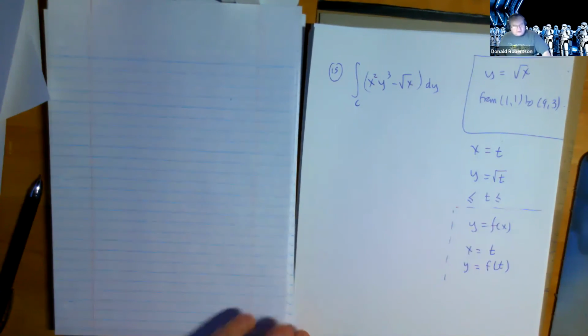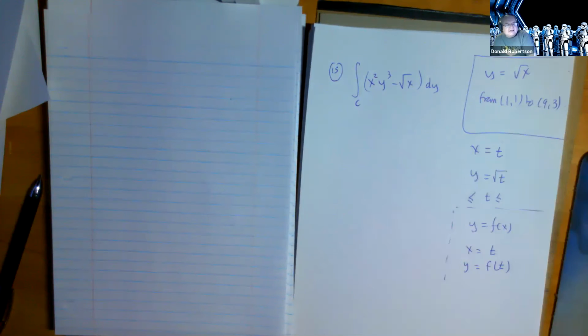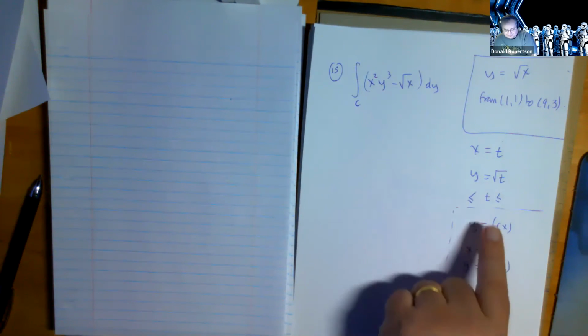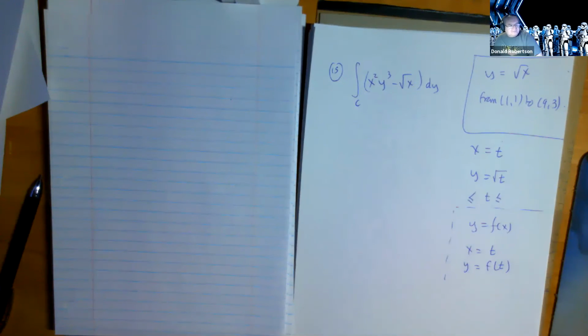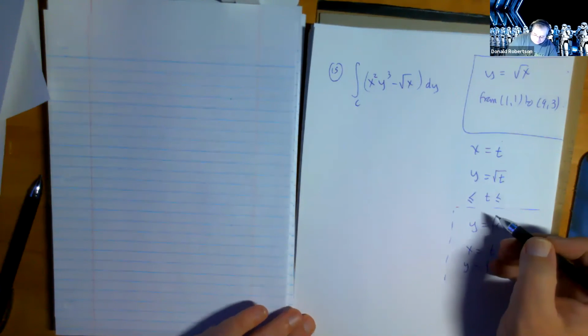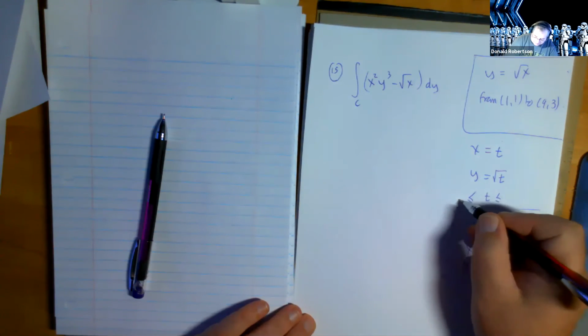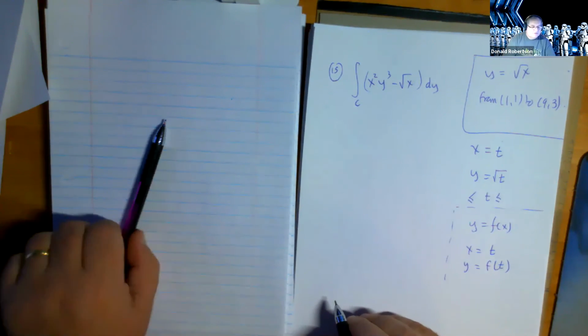Now I have to figure out the t's, agreed? It's going from the point (1,1) to the point (9,3). What are the range of t's that would do that, based on this fella here? What number should go here and here?